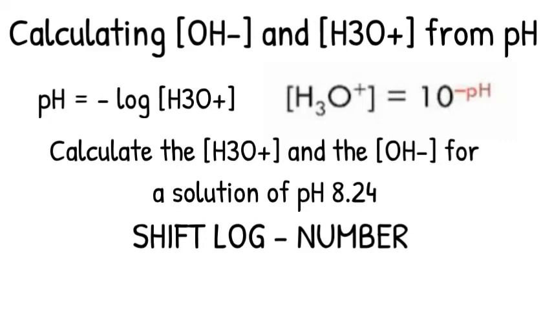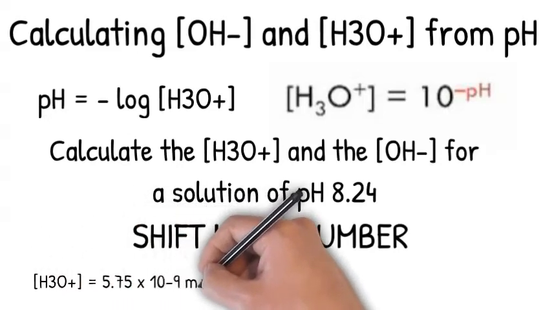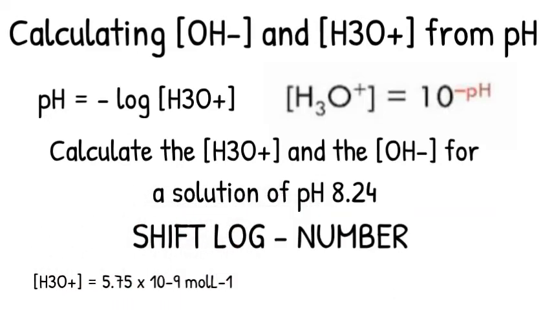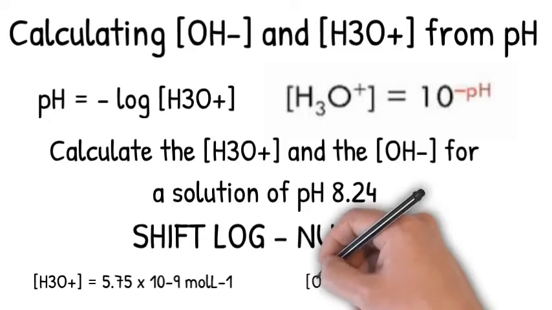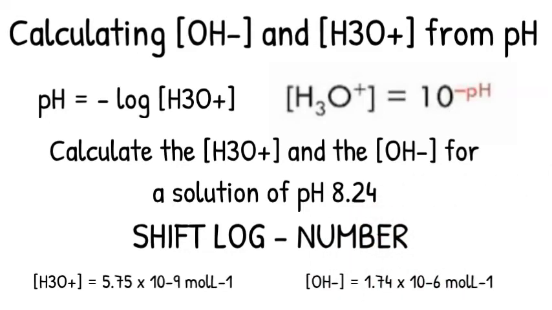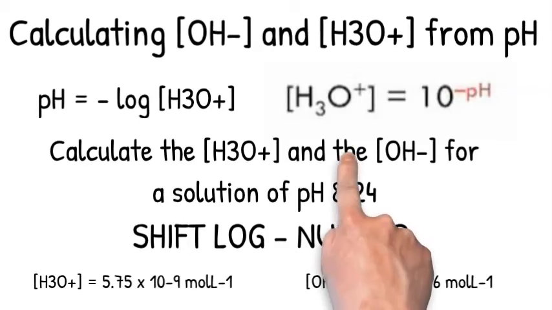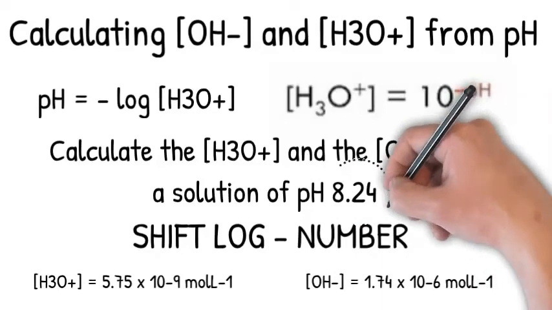So shift log negative 8.24 gives us a hydronium ion concentration of 5.75 times 10 to the minus 9 moles per litre. If we then take our Kw and divide by 5.75 times 10 to the minus 9, we get 1.74 times 10 to the minus 6, our hydroxide concentration.